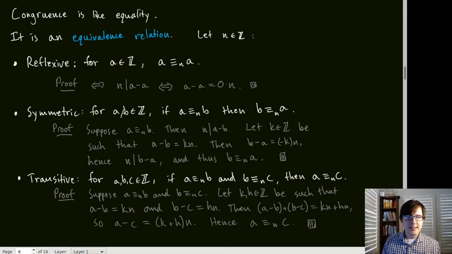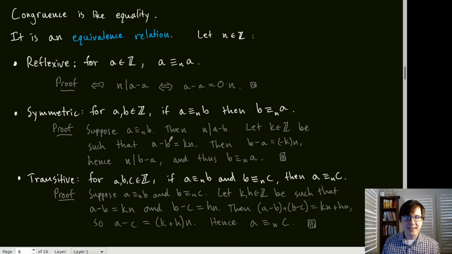Symmetry. Let's say we have two numbers that are congruent mod n. Then we want to show that they're congruent in the reverse way. So let's suppose that they are congruent. Then, by definition, n divides A minus B. And by definition of divisibility, there exists some integer k such that A minus B equals k times n.